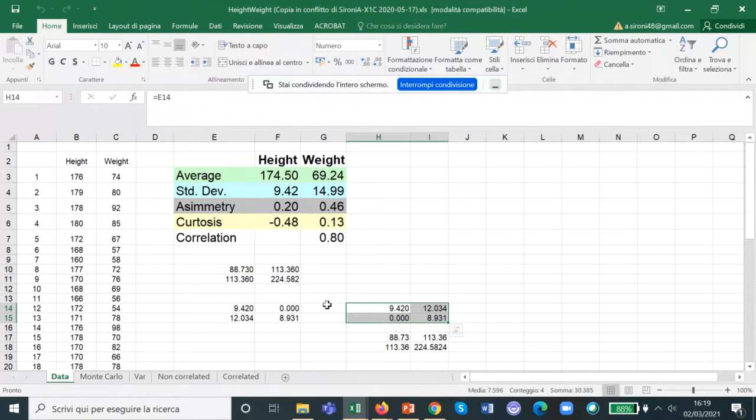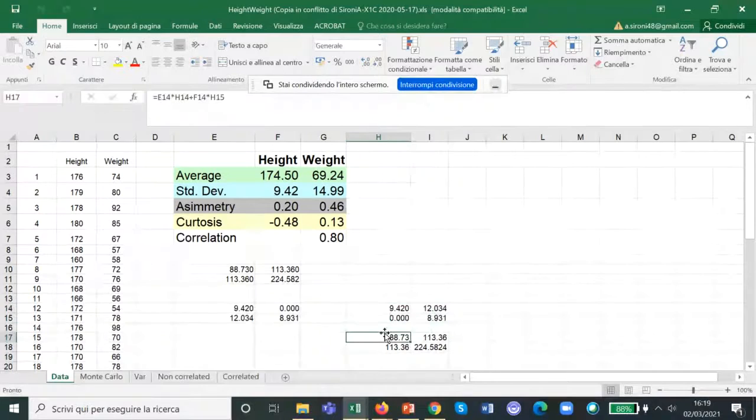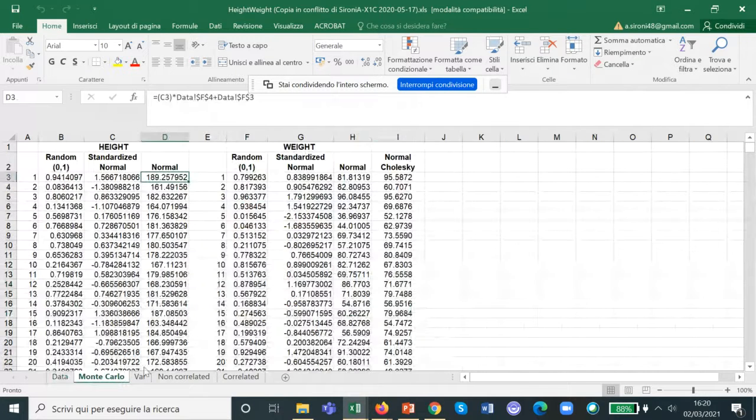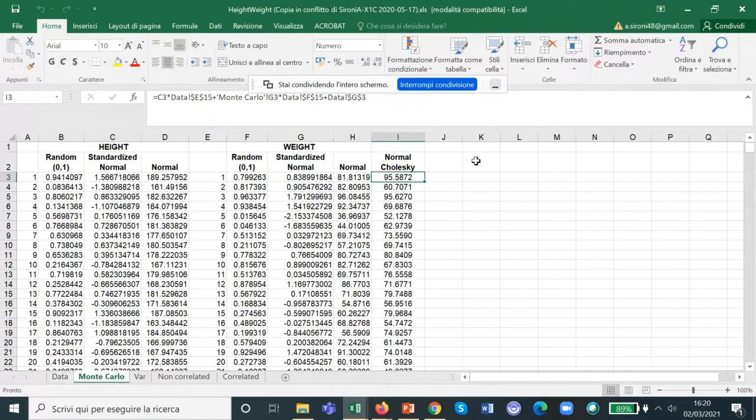If you multiply these two matrices, you get exactly the variance-covariance matrix. Now, using this transpose of these two variables, you can obtain a simulated value of the second variable, which is weight, that actually takes into account correlation. As you can see, this is also taking into account the Cholesky decomposition.